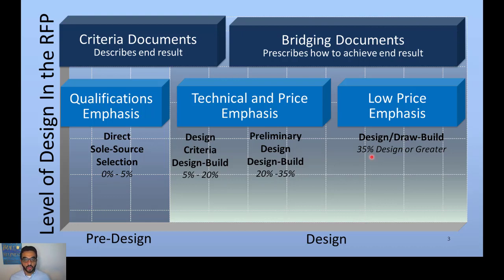So now, all of that time until 35%, you don't have the design builder on board yet. So it's all between the owner and their own design and architect team. So even the DBIA calls this design/draw-build. So it's like there is not much design to be done.